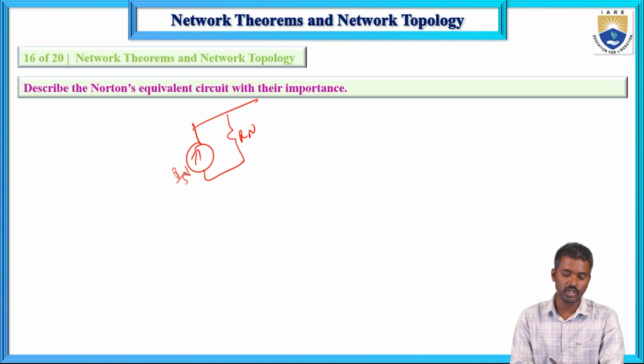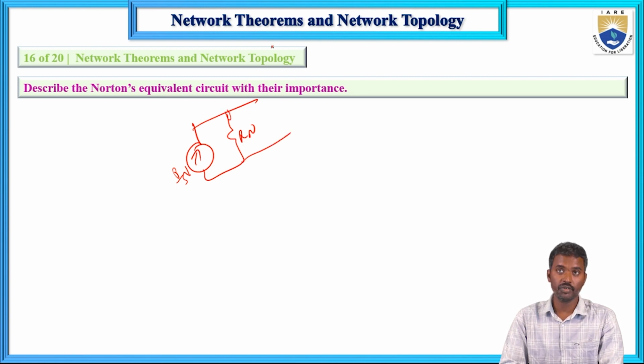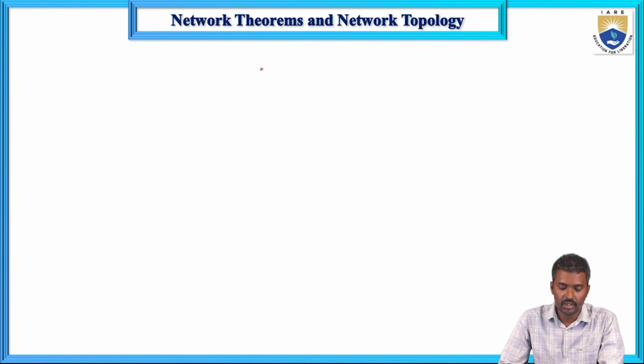It is used in analyzing power systems, and wherever a single current source and a single resistance are required, there we will use the Norton's equivalent circuit.